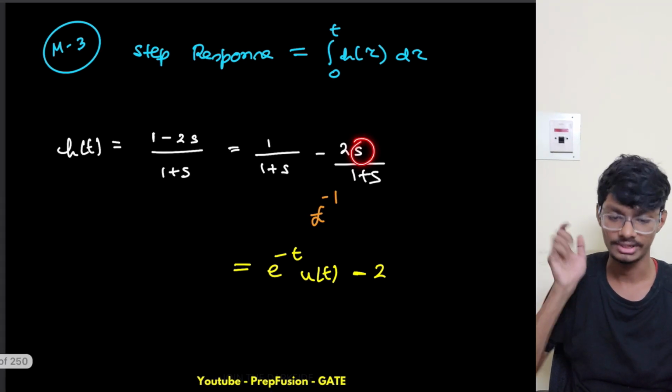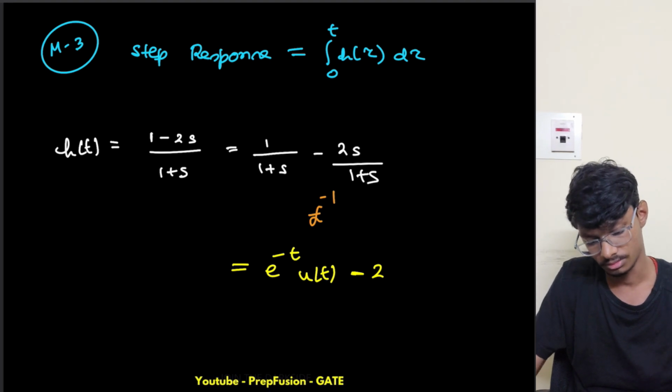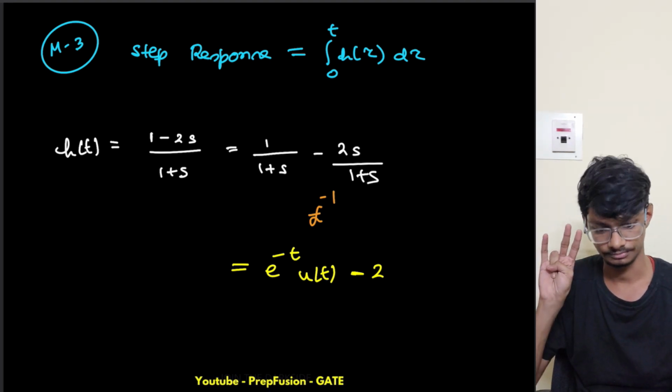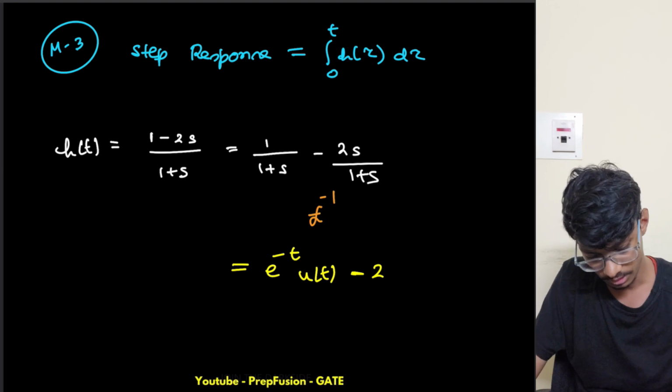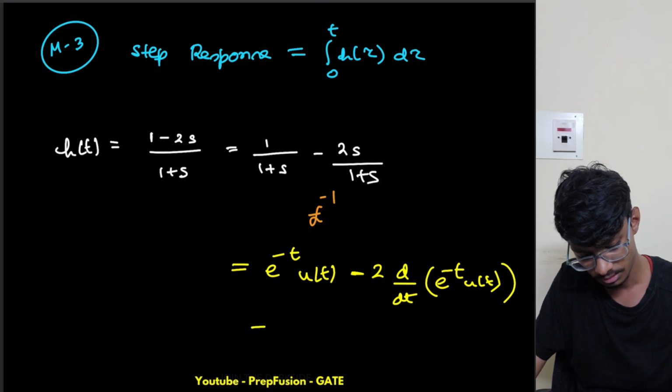Then I will differentiate because s is multiplied. If s is multiplied, I will differentiate it, right? So it is e raised to power minus t, differentiation of it gives minus e raised to power minus t. So what are we left with?